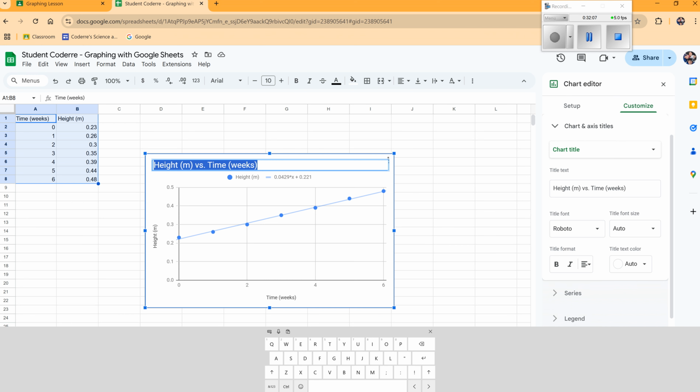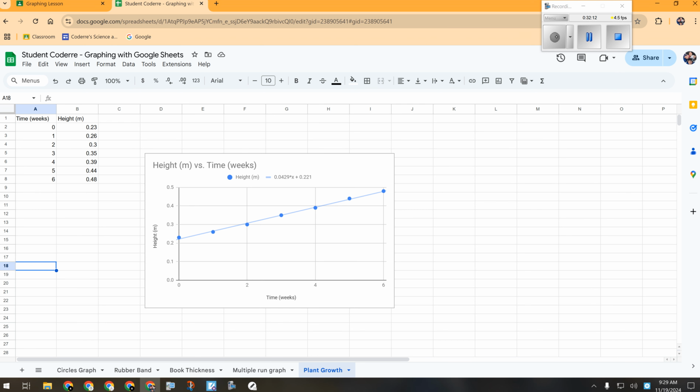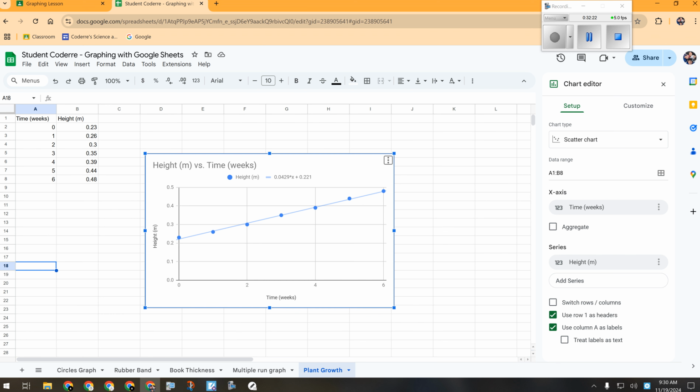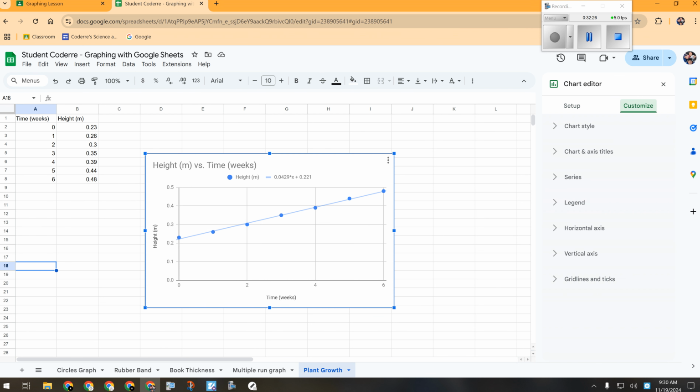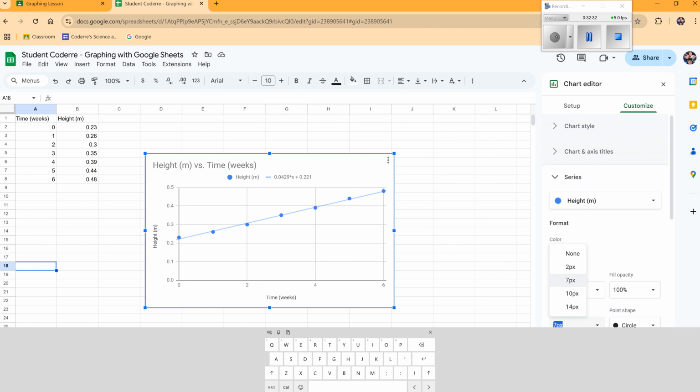Okay, so the purpose of this graph is to illustrate this really important thing. All of these points, are any of them directly on the line? No. Okay, in fact, if I go back into that customize menu, and I make those points smaller, series, there we go.